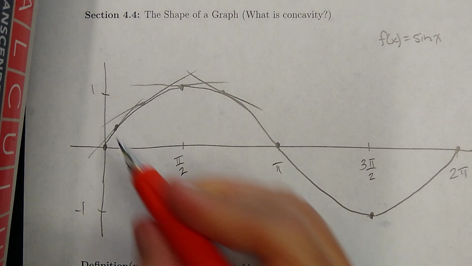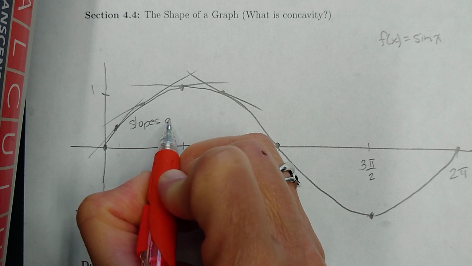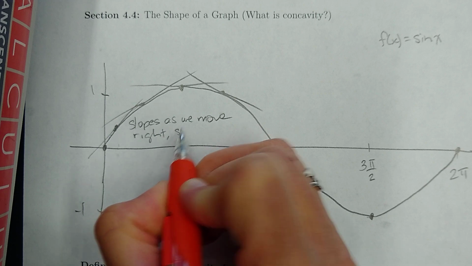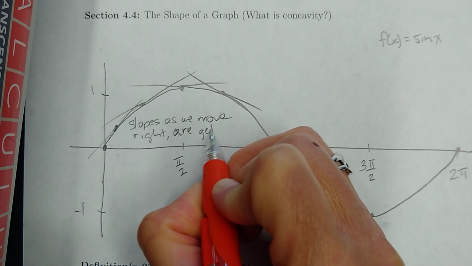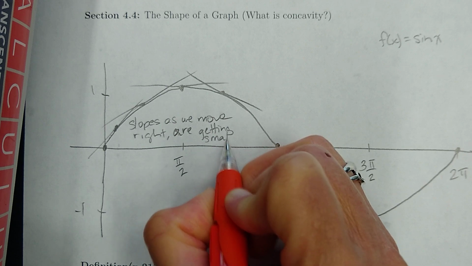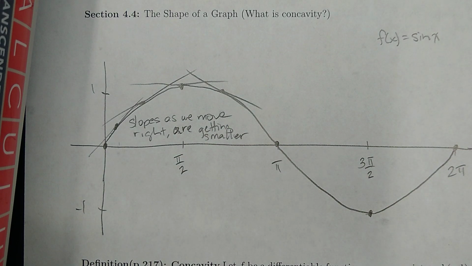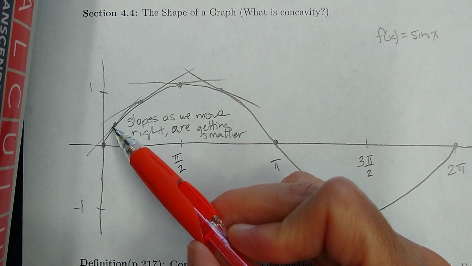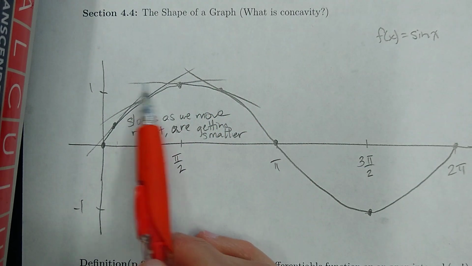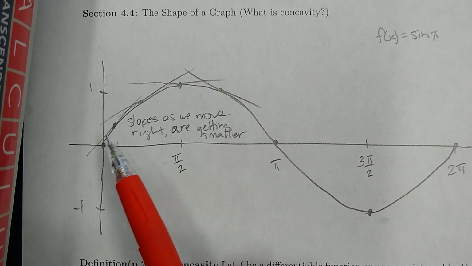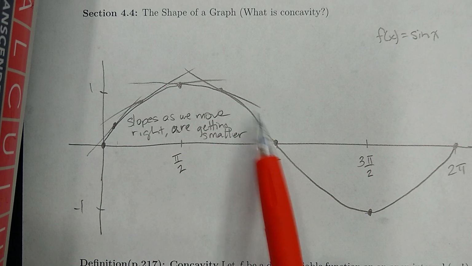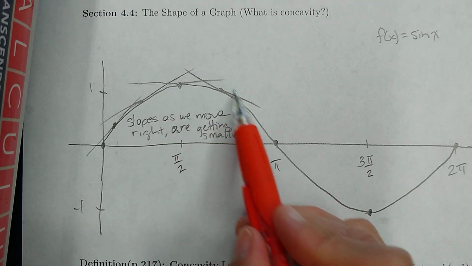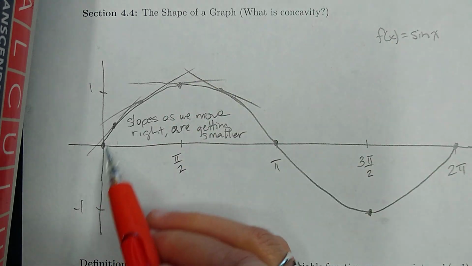So the slopes of our tangent lines, as we move to the right, are smaller. Maybe not in magnitude, but as far as sine goes, the slopes are moving. As we move to the right on the graph of f, the slopes are going from big positive, a little bit less big positive, 0 to negative. So the first derivative, which is what gives us the slopes of the tangent lines, is decreasing over this interval from 0 to pi.